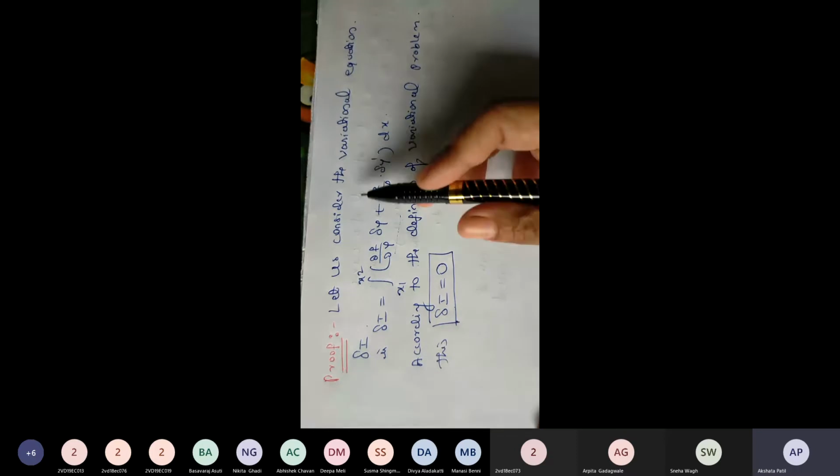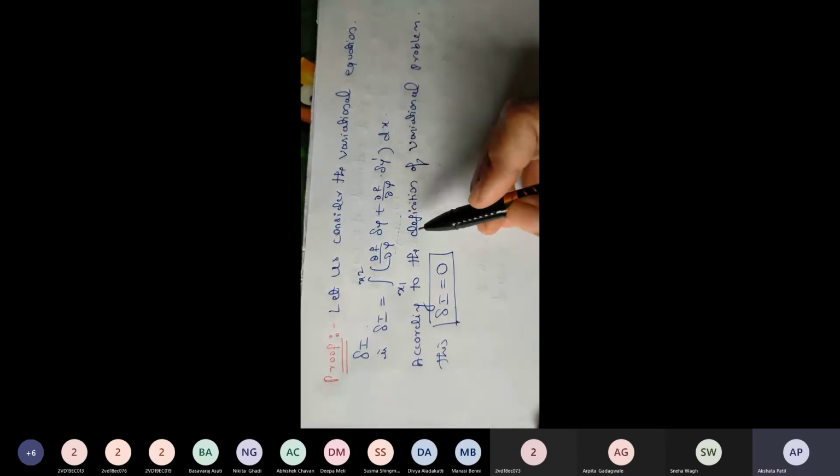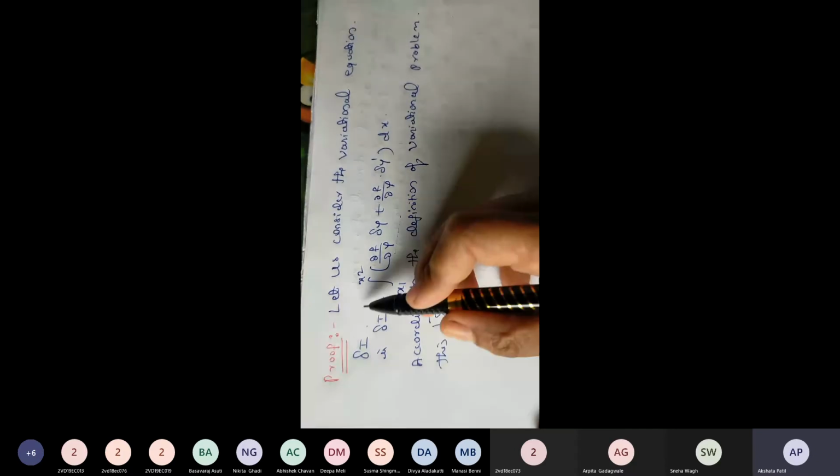By using the definition of variational problem, this delta I becomes 0.